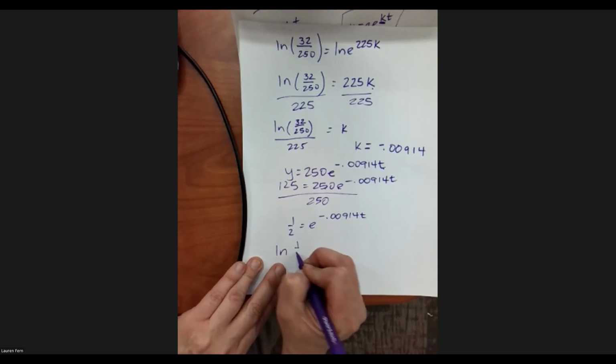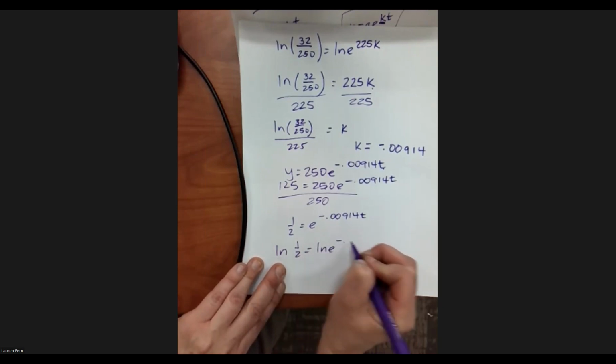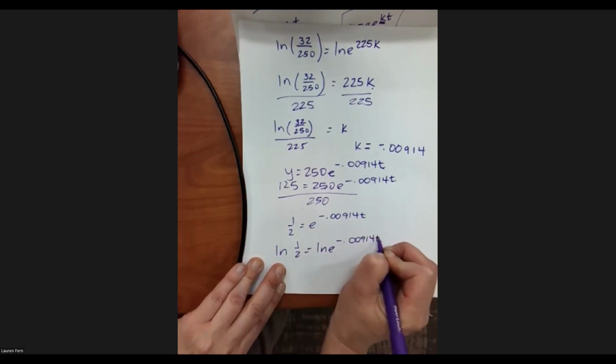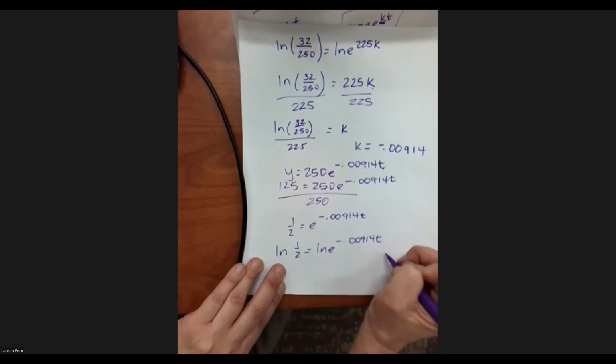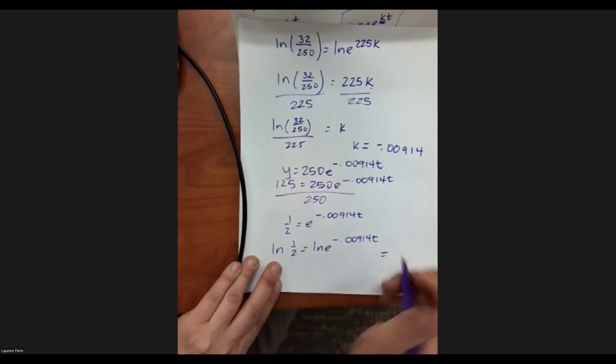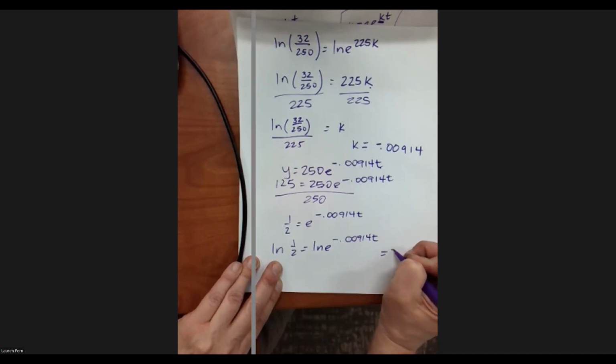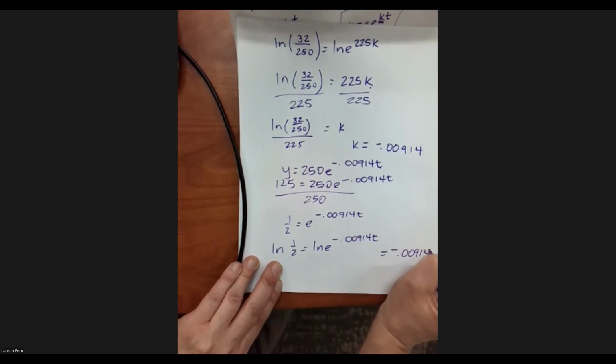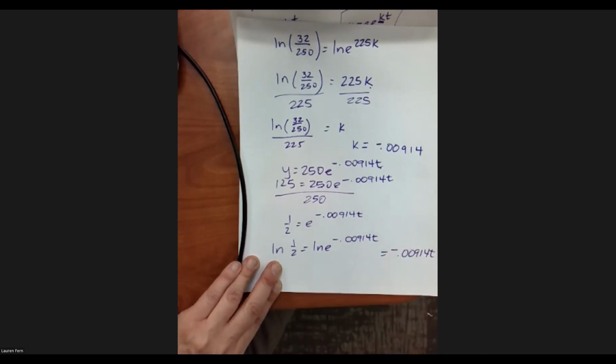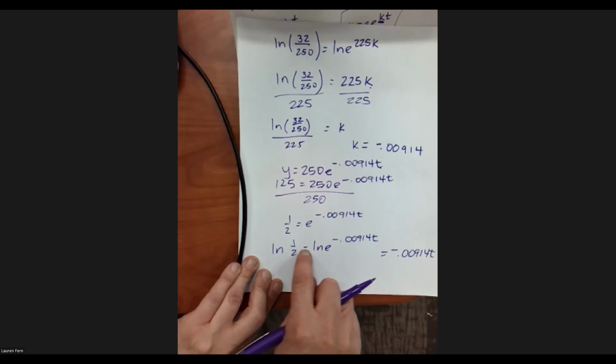Take the natural log of both sides. And what am I left with on my right side since they're inverses? Isn't it negative 0.00914 t? Right? These guys are inverses of each other.